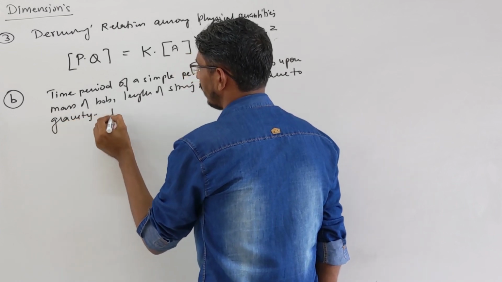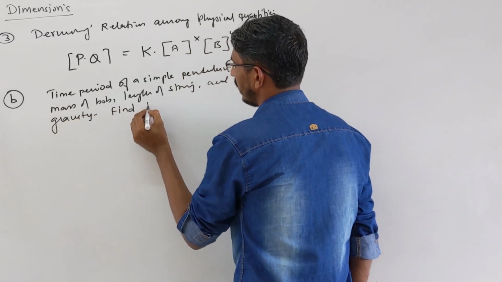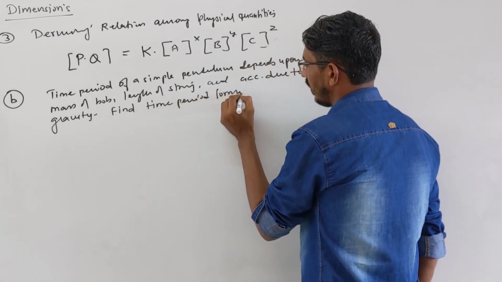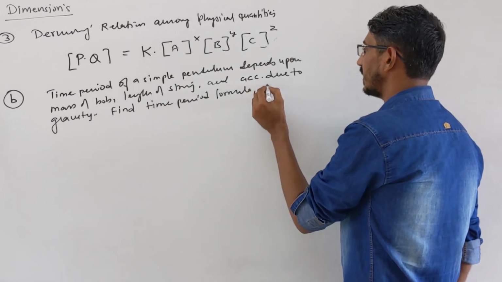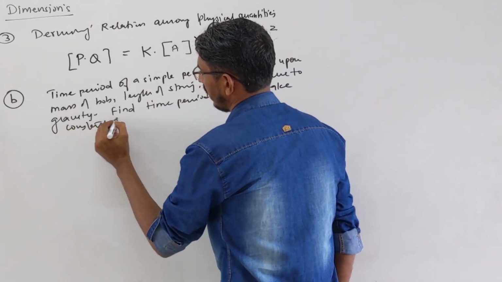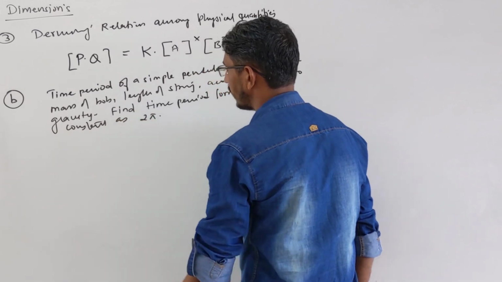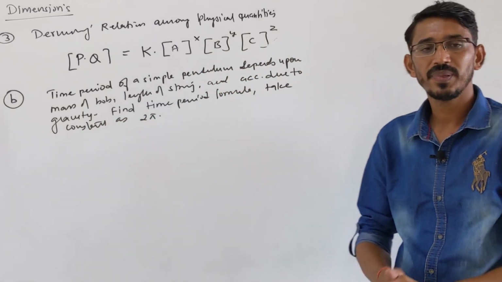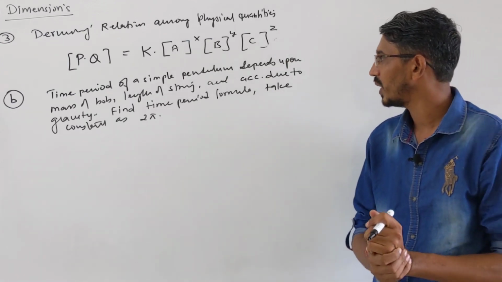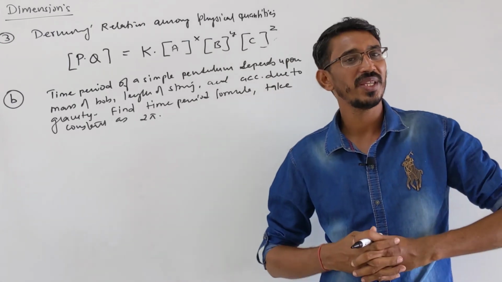Find the time period formula, and suppose they say to take the constant as 2 pi. So the time period of a simple pendulum depends upon three things which are given to you: length, mass of the bob, and acceleration due to gravity.